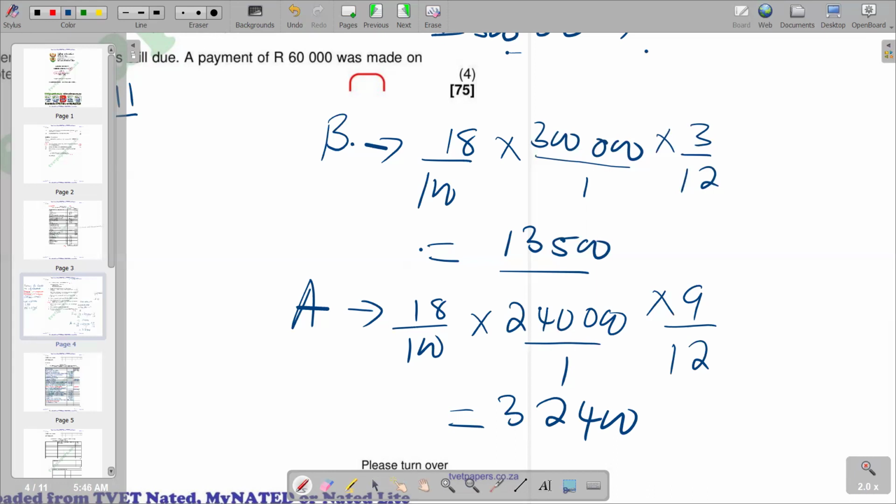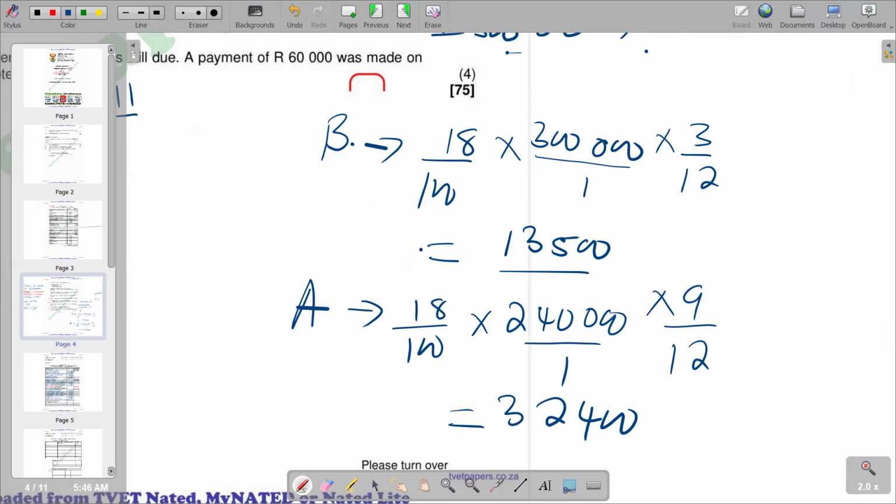We can just verify our calculation: 0.18 is the decimal for 18 over 100, times 240,000, and then multiply by 9 over 12. And we get 32,400, the same as before.